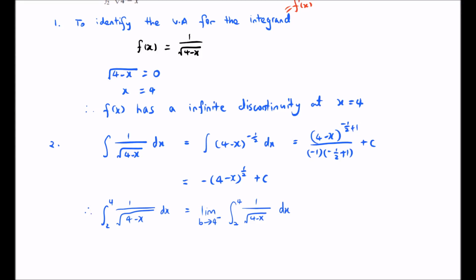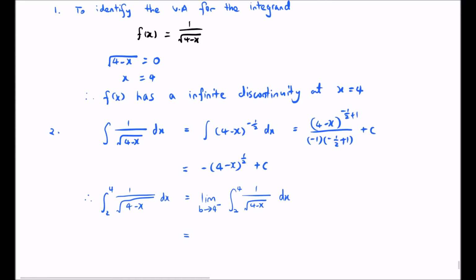Now second step, you can bring in your capital F. So you can write limit b to 4 minus, you get minus bracket 4 minus x to the half. Sorry, this is no more 4, I have to change it to b.